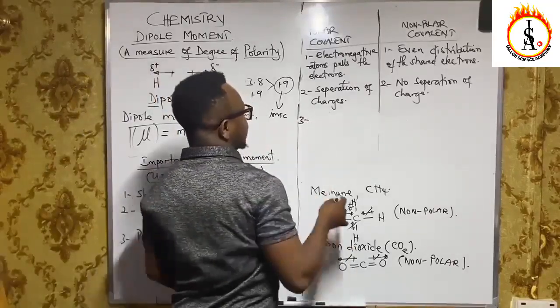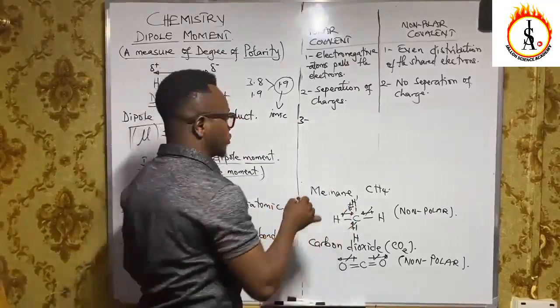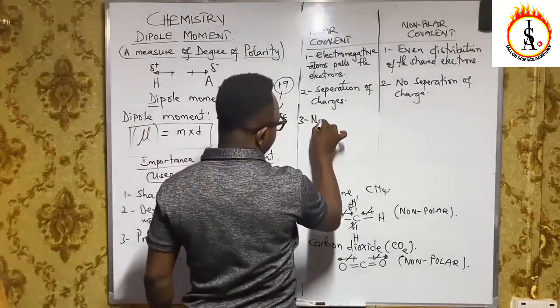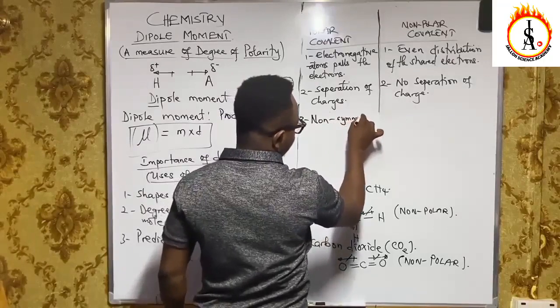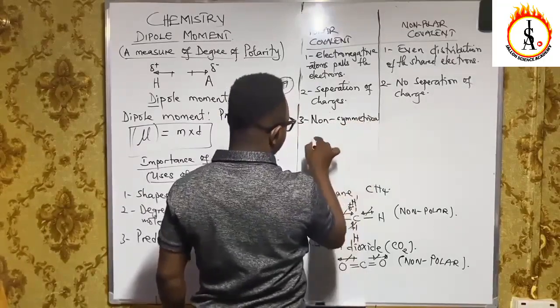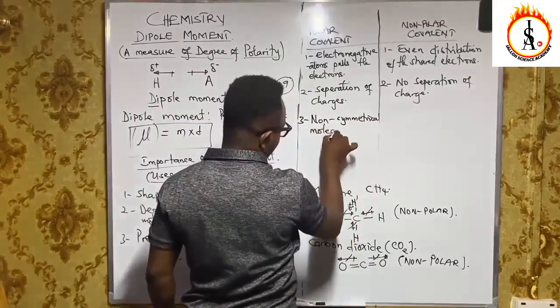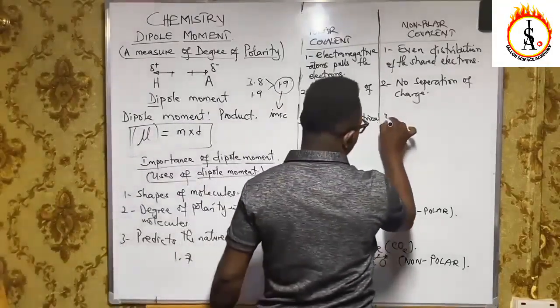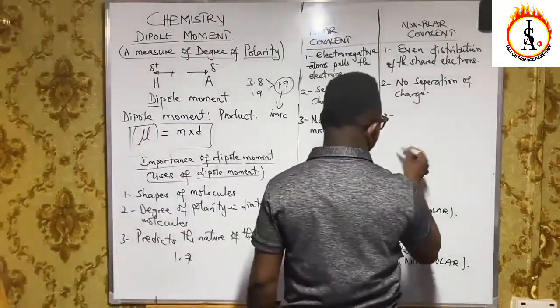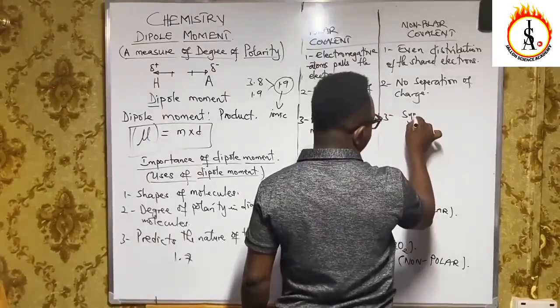Three, in polar molecules, the bonds are not symmetrical, non-symmetrical molecules. So non-symmetrical molecules are formed, whereas in non-polar molecules, the molecules are symmetrical.